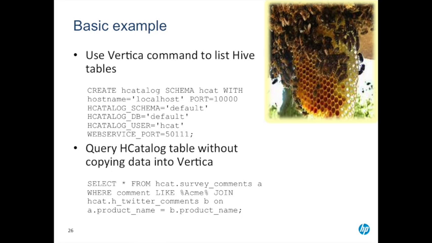Right. So that's a great point, Kate. Got a couple of questions on that. One way to think about it is we have introduced in previous HP Vertica versions the idea of an external table. Well, this goes above and beyond that. It's an external schema. Many tables exist externally.